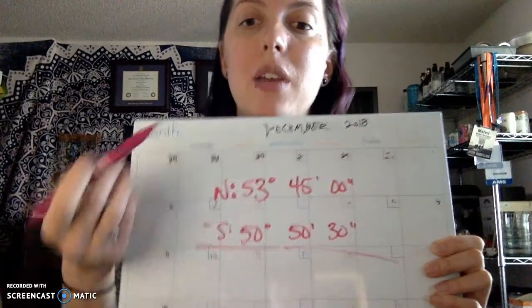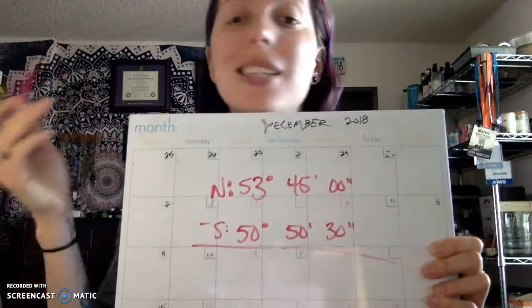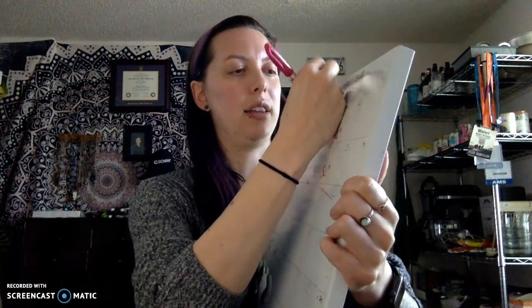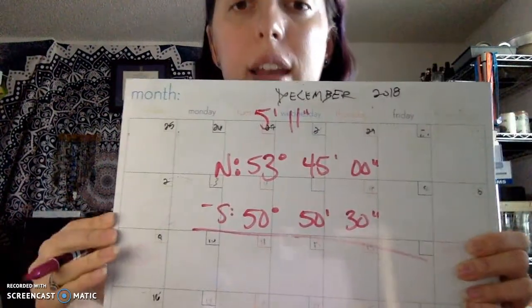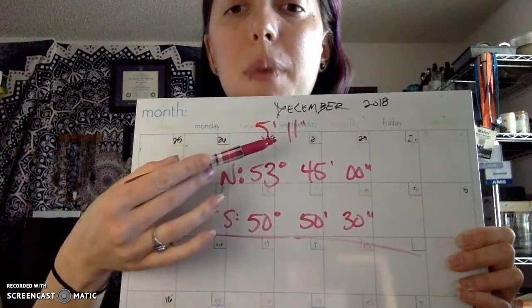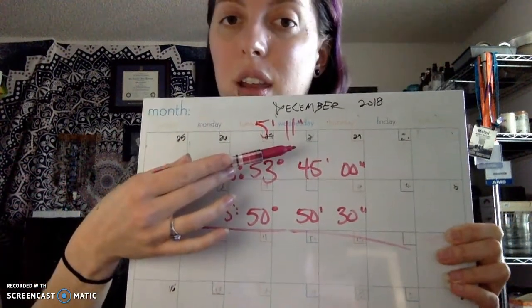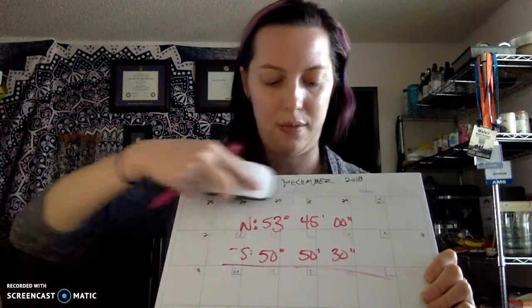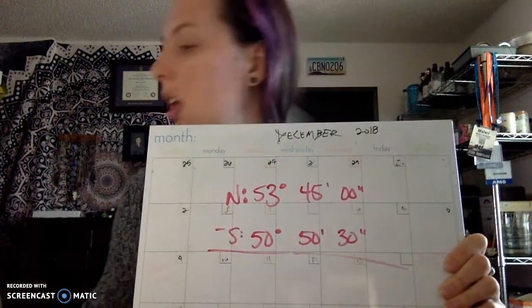One apostrophe is a minute, two apostrophes is a second. Just like 5 feet and 11 inches, which is how tall I am, the feet is indicated by one apostrophe, the inches by the double apostrophe. So just a similar sort of thing, but dealing with time.